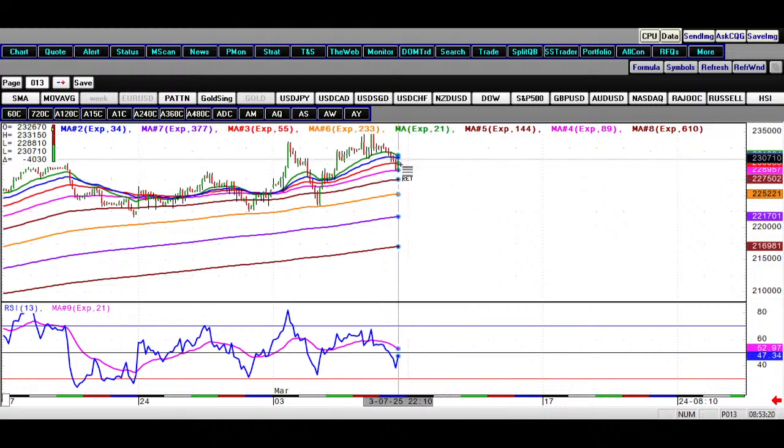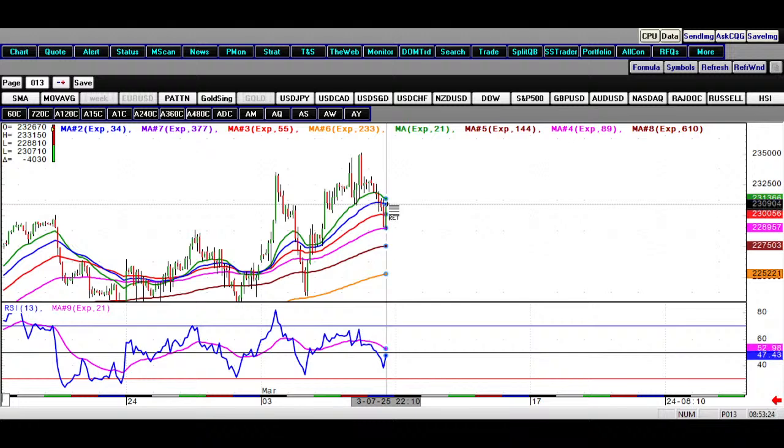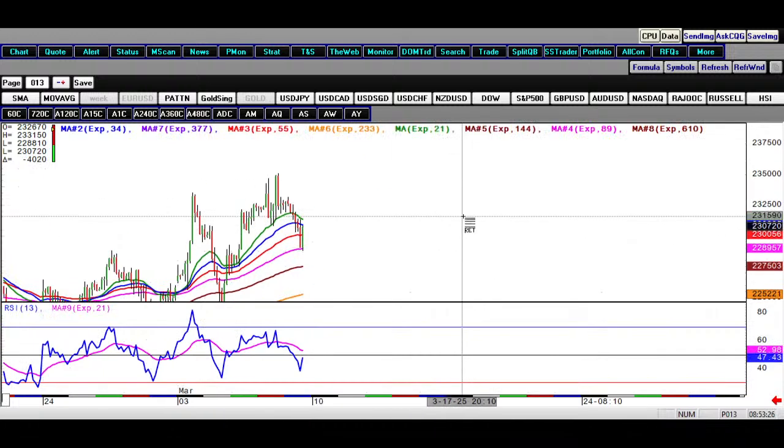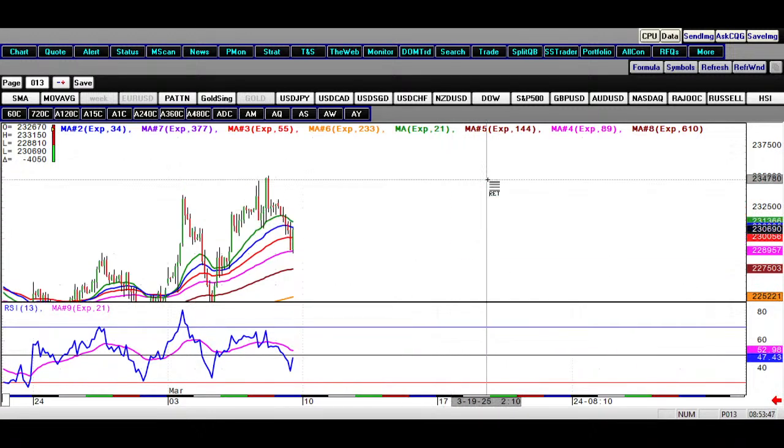Okay, so this is where should I put 130. The Nasdaq is 230 already, no?